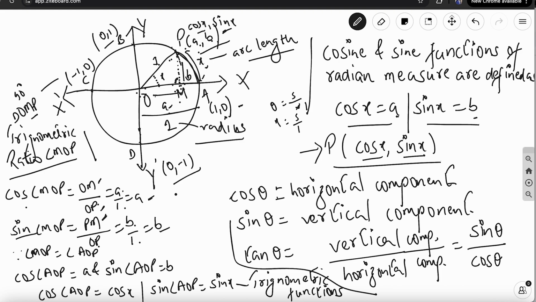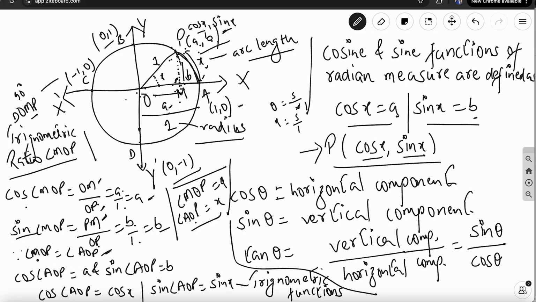Now we know that angle MOP, which is x radian, and angle AOP is also x radian. So angle MOP is equal to angle AOP.